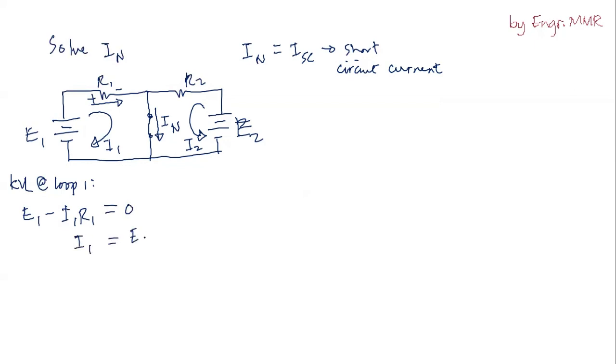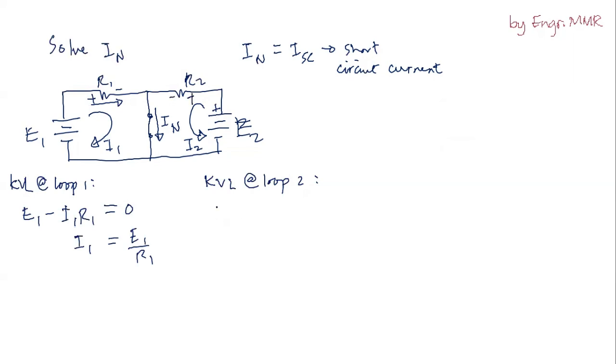That's E1 over R1. At loop 2, we will use KVL at loop 2. We follow the direction of the current I2, which is counterclockwise, so we get the plus sign of the source. When the current flows through R2, you have plus and minus.